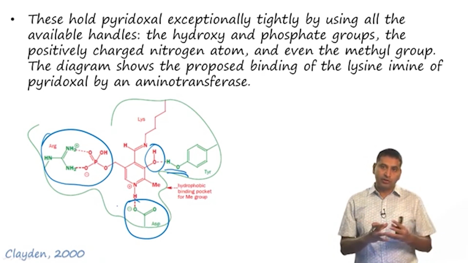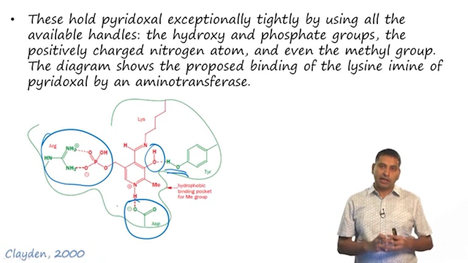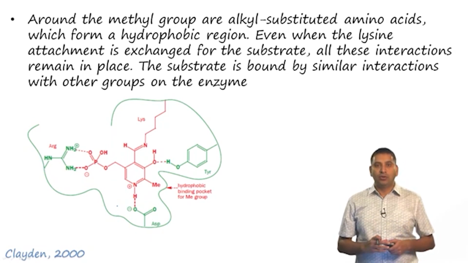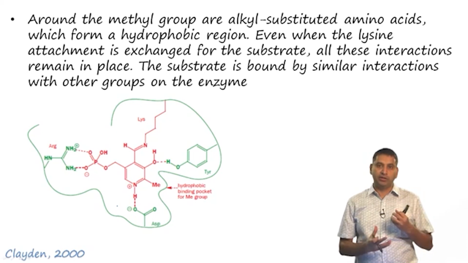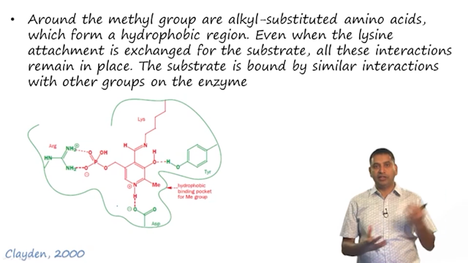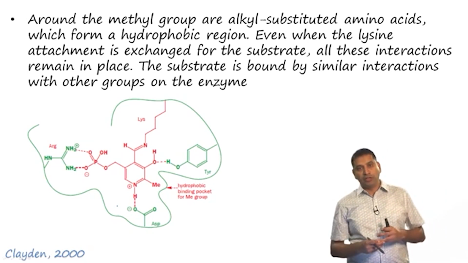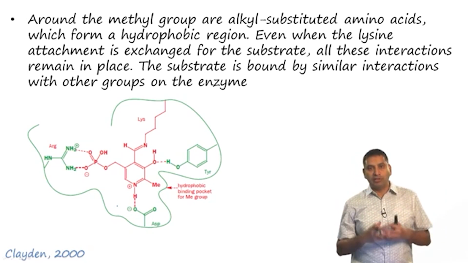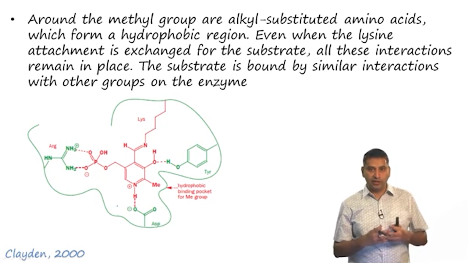So, this holds the substrate in a very tight manner. Around the methyl group there are alkyl substituted amino acids which form a hydrophobic region, and even when the lysine attachment is exchanged for the substrate, all these interactions remain in place. So, the substrate is bound by similar interactions with other groups on the enzyme.